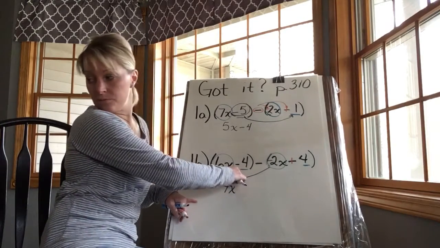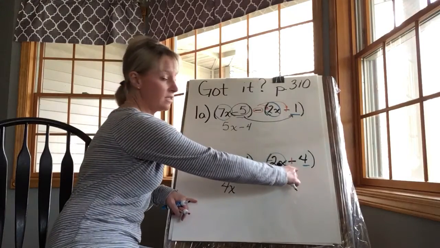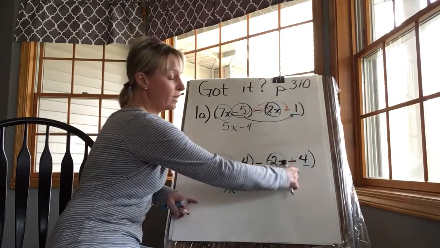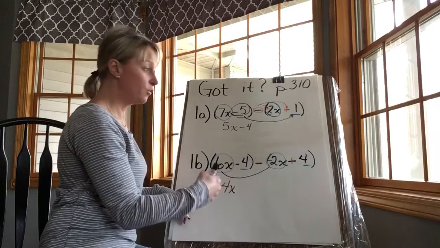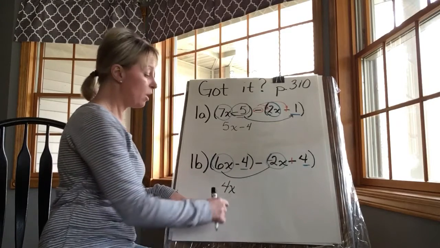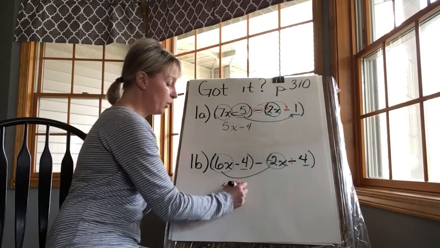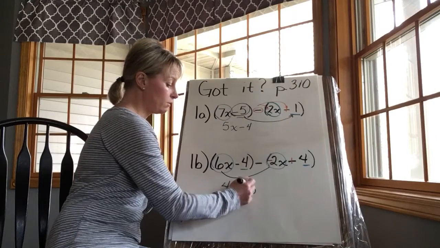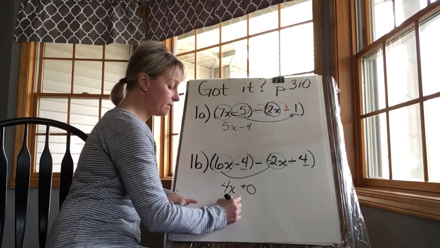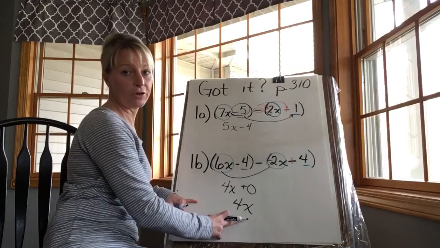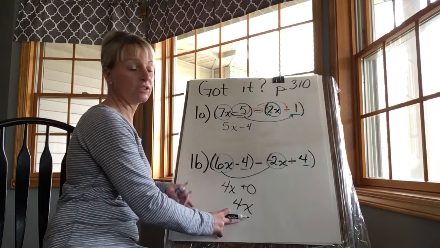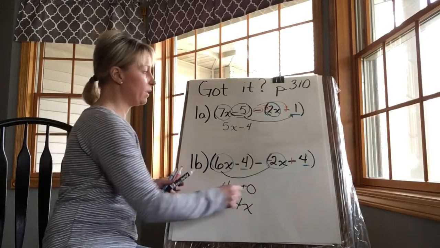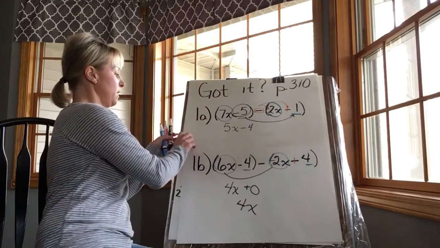A negative 4 and a positive 4. One is negative, one is positive, so you subtract. 4 minus 4 is 0. You do not need to put a plus 0. Just leave it as 4x for your answer. So leaving that as your answer is fine because we don't want to add the x.